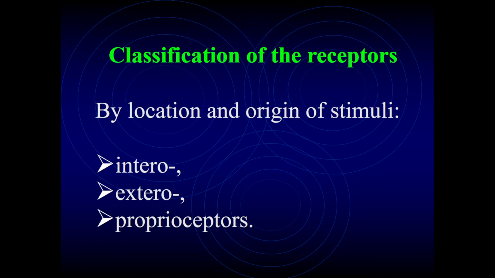By location and origin of stimuli, there are interoreceptors, exteroreceptors, proprioceptors. Examples of interoreceptors, the receptors in visceral organs, exteroreceptors of skin, and proprioceptors of muscles, joints.